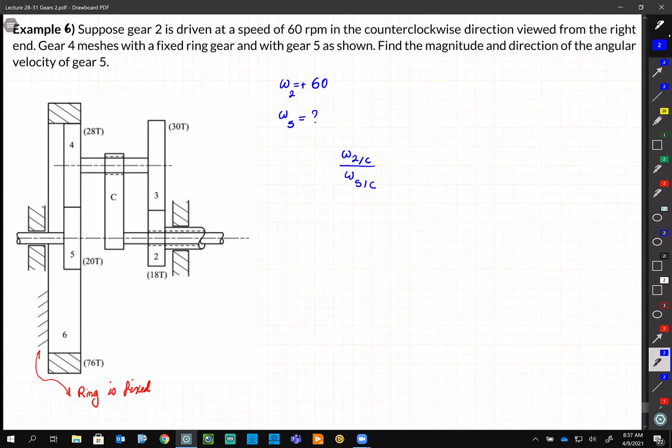Probably you start from there. And the left-hand side will be omega 2 minus omega C over omega 5 minus omega C. And this side, how do we get from 2 to 5?